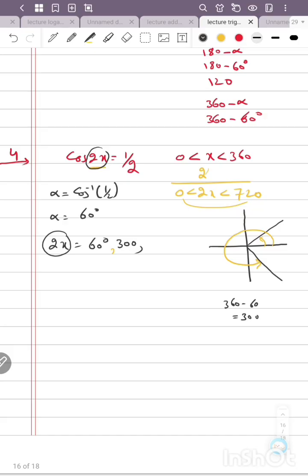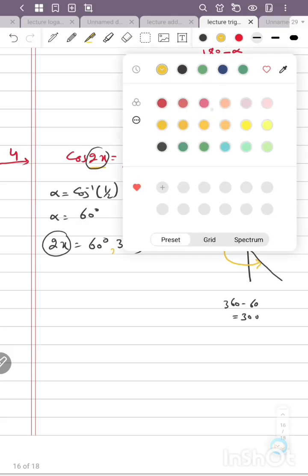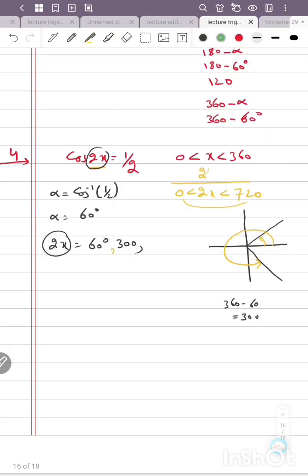Now we have to move forward, because our interval is 720. We start from here, and this completes one cycle, 360.